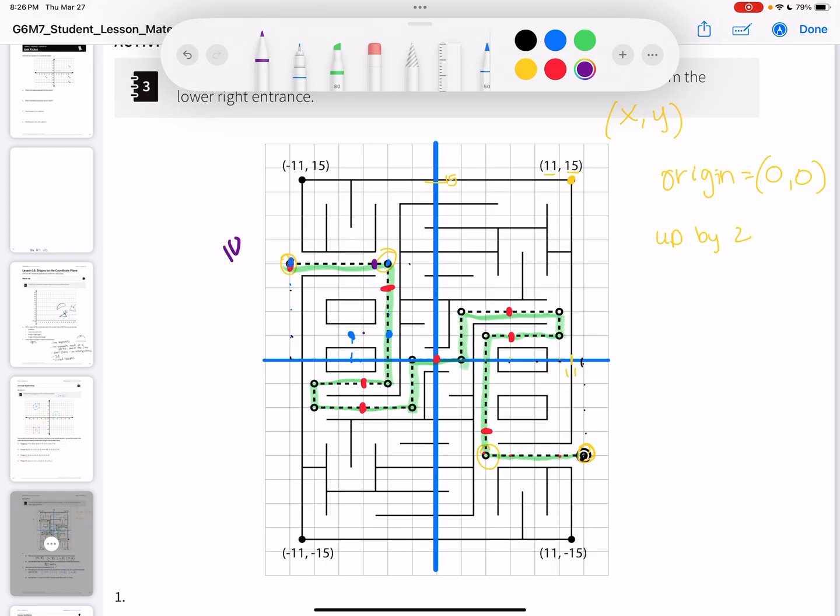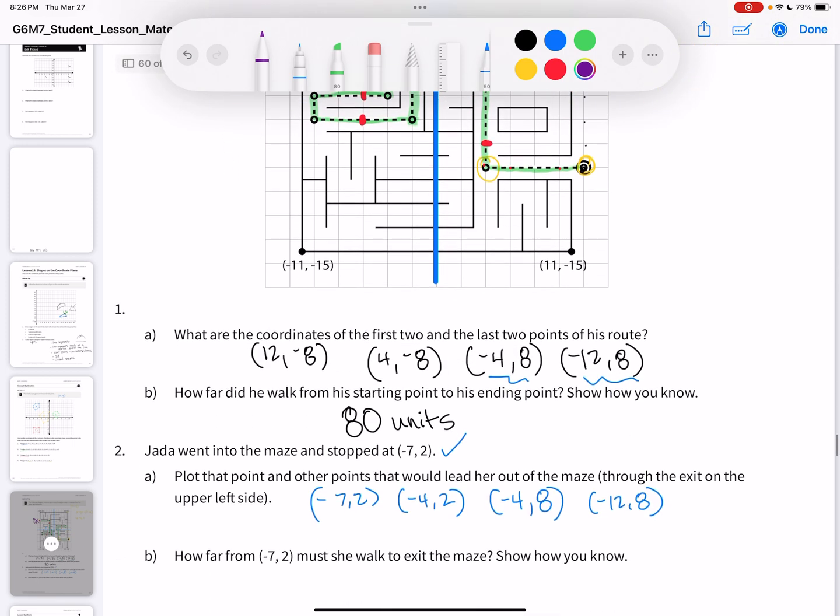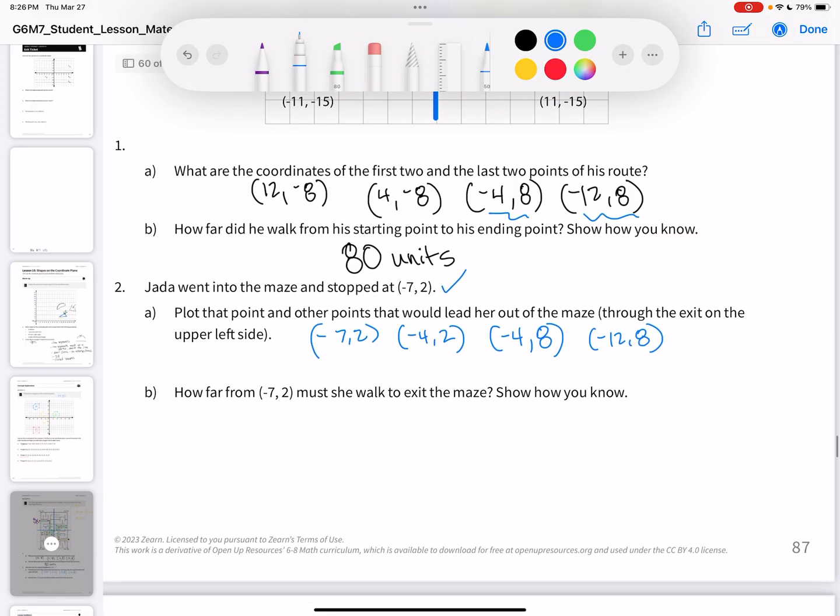So we have 10, and then here we have 7. So that is 17. I got 17 units. So she had to walk 17 units.